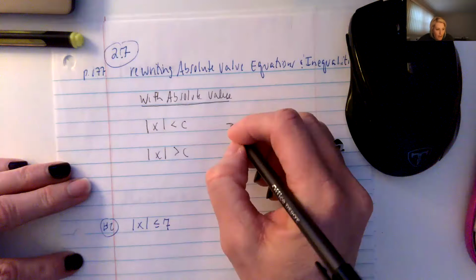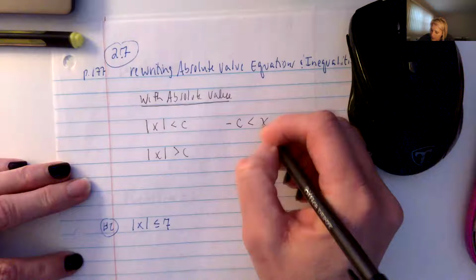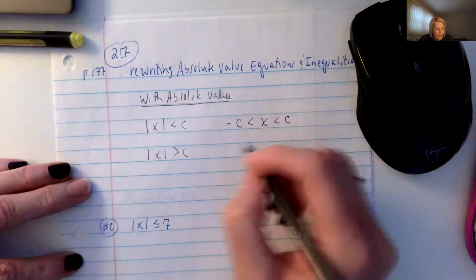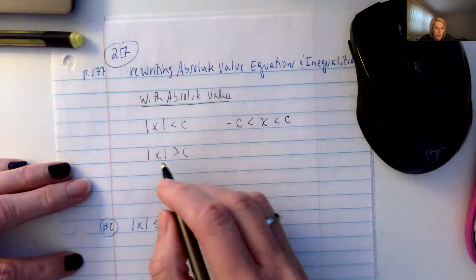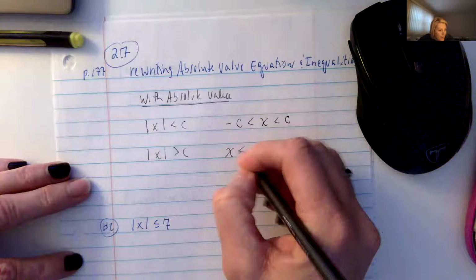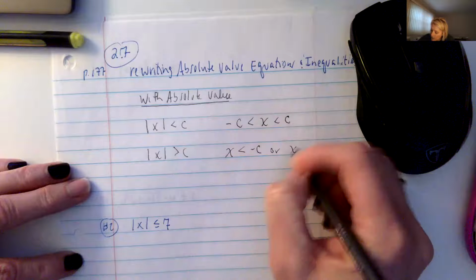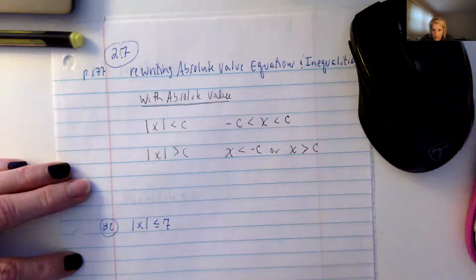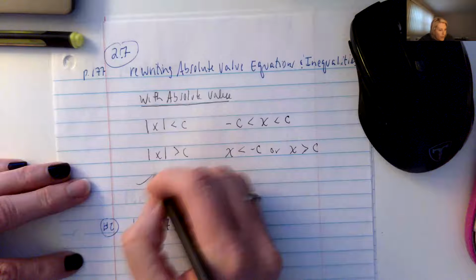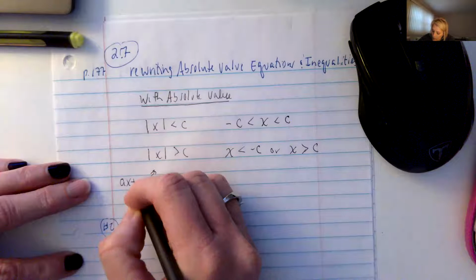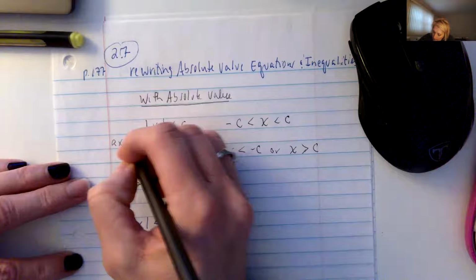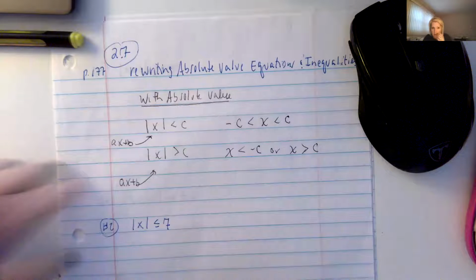So this is a negative C. So X is going to be between the two, or when the absolute value of X is greater than C, then X is going to be less than a negative C, or X will be greater than a positive C. And that also goes for when it has AX plus B on the inside. They hold true.